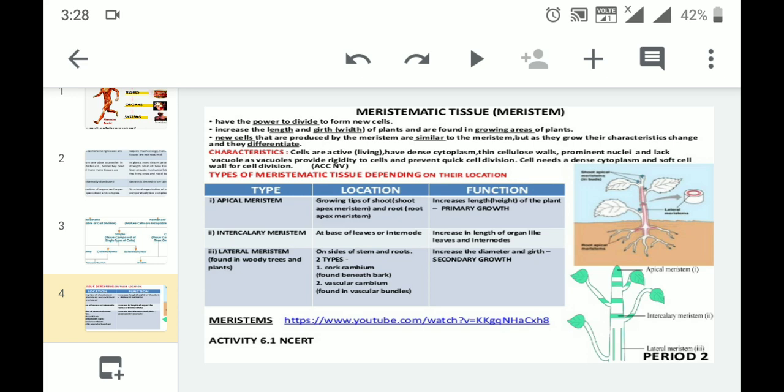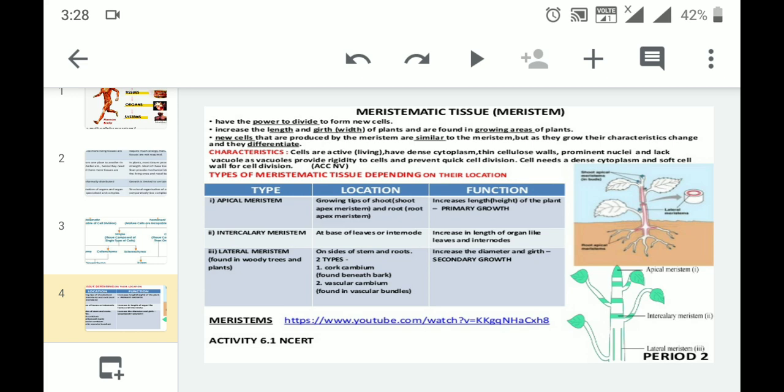They are found in the growing areas of the plants. New cells produced by meristematic tissues are very similar or exactly similar to the previous meristematic cells, but as they grow their characteristics change and they differentiate.